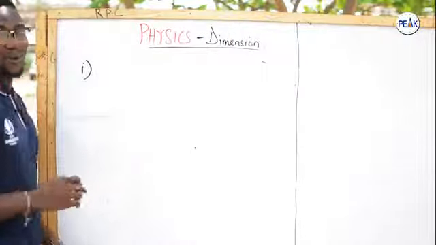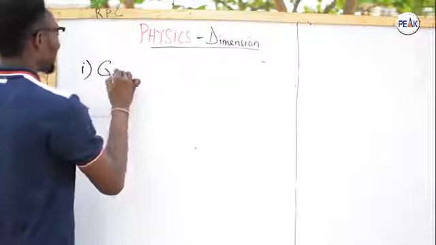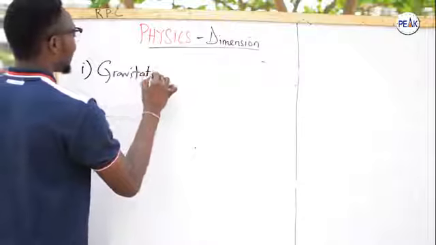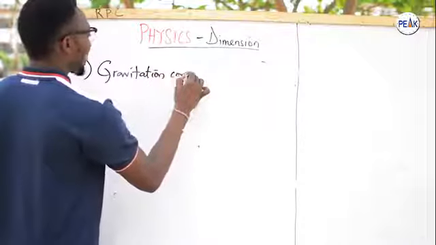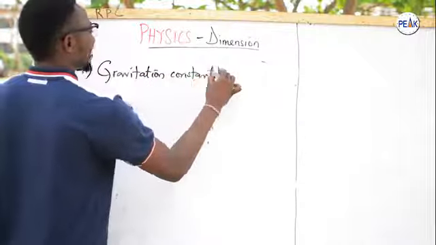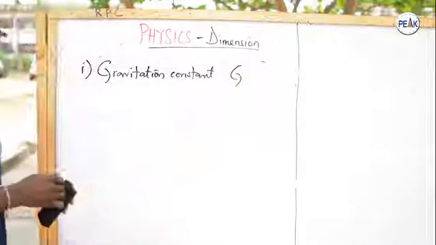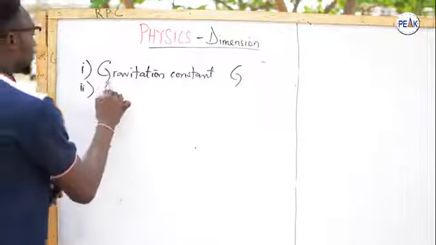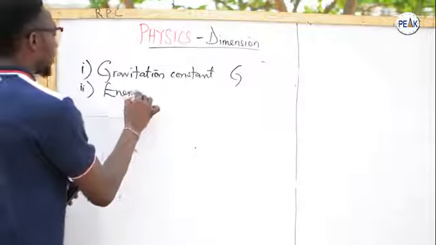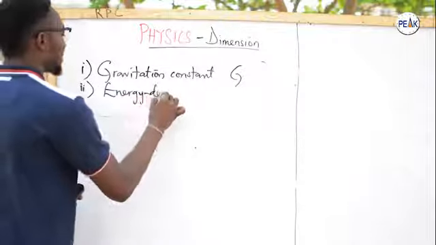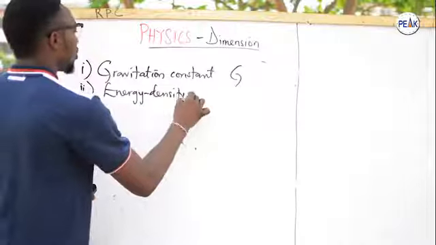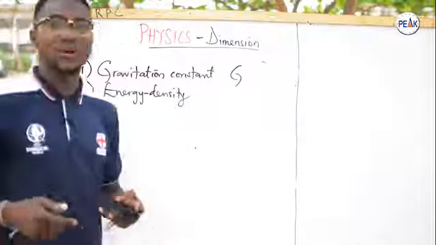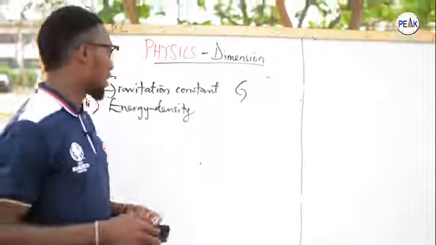The first example we are going to solve now is the dimension of the gravitational constant G. And second, we are going to find the dimension of what I call energy density. After solving these two dimensions, I'm just going to say one or two things, then I'll give you some drill to carry out.